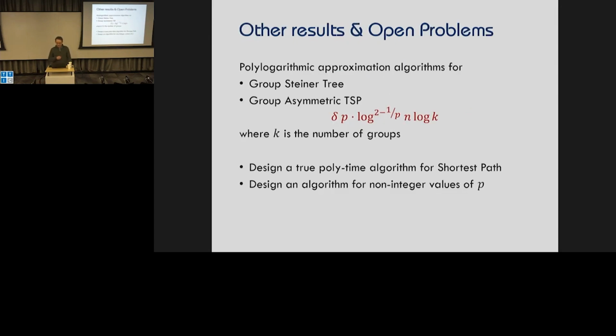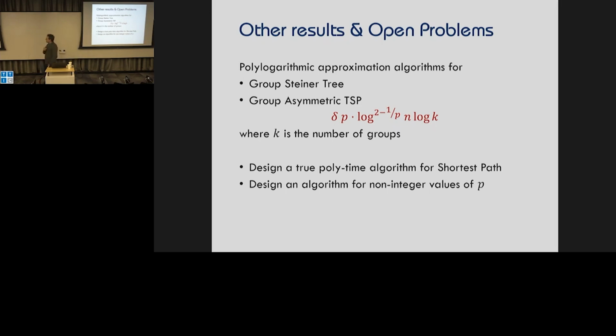So let me finish here, and tell you about some other results that we got. Using these techniques, we also got an algorithm for the Group Steiner Tree problem and for group asymmetric TSP.